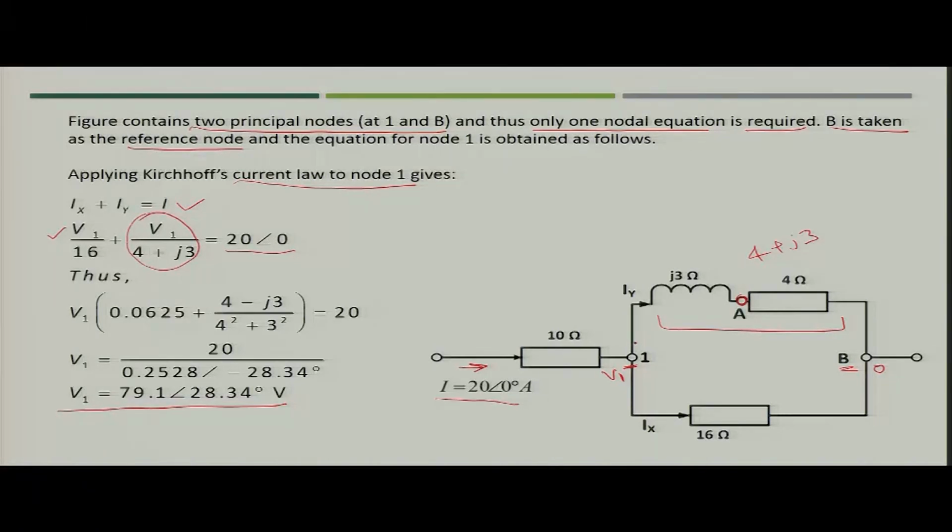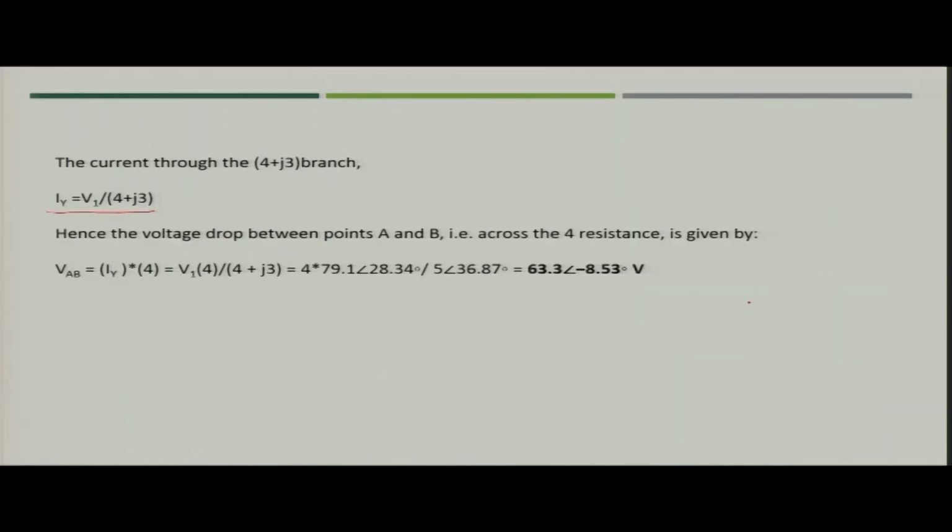Now, we have to see what is the drop in this particular segment, that is between A and B. So, what you will do? You will use Ohm's law, and whatever the current is flowing, that is Iy, multiplied by the resistance 4 would be the voltage at node A. So, what will be VAB? Iy into 4, that is the resistance. So, you will simply put the value of Iy, that is V1 upon 4 plus J3.